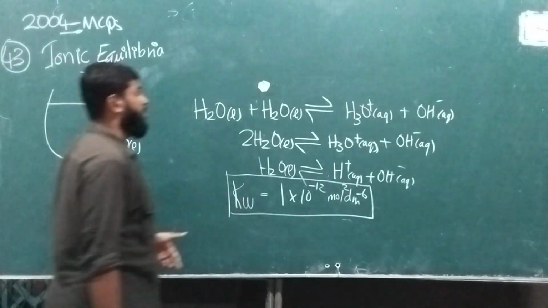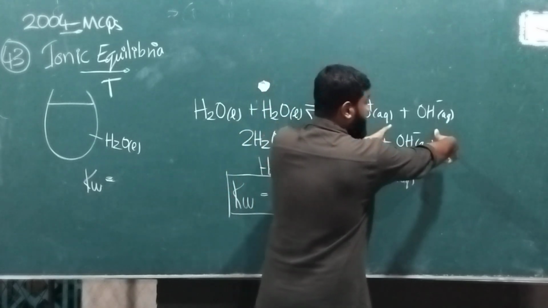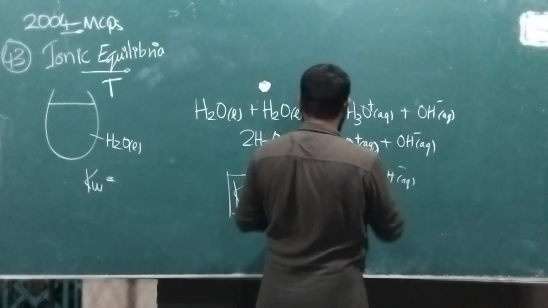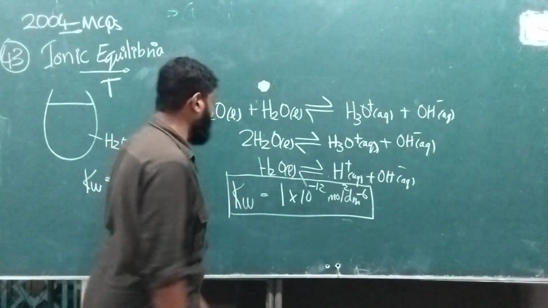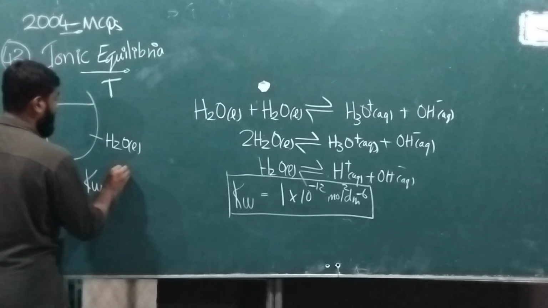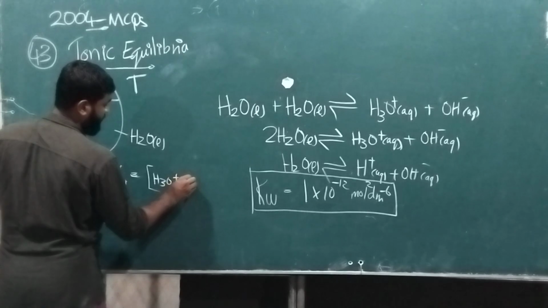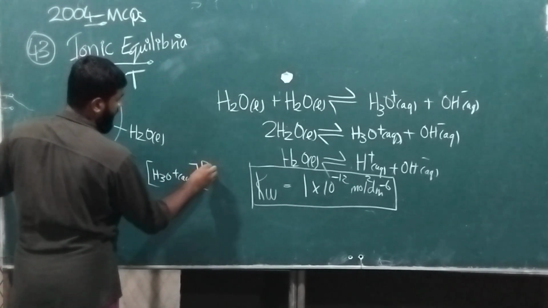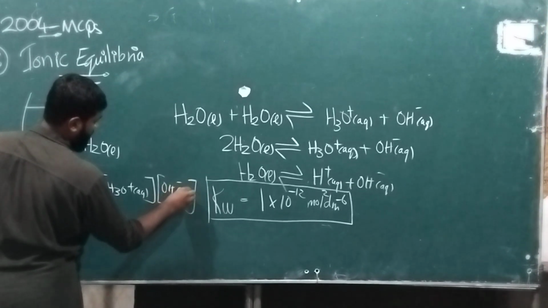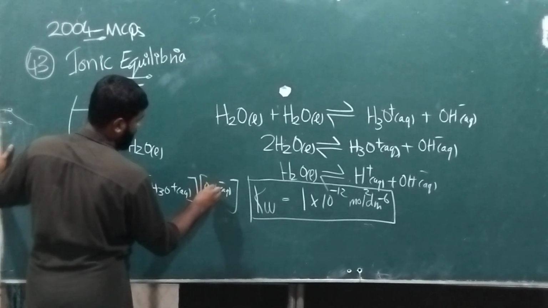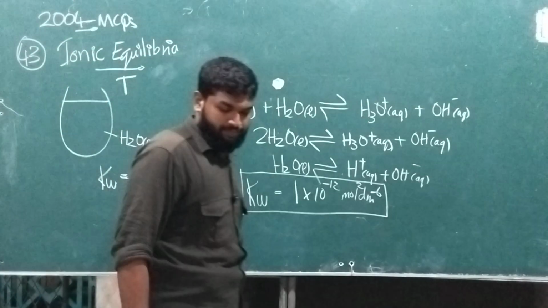So you have H plus aqueous from water and OH minus aqueous, released partially due to the dissociation of water molecules. So you will have the ionic product of H3O plus aqueous and OH minus aqueous.